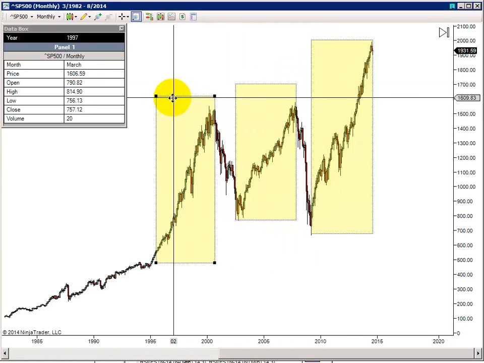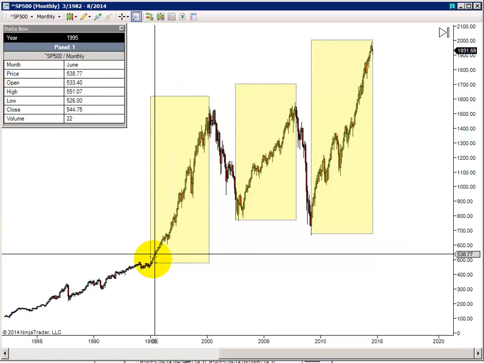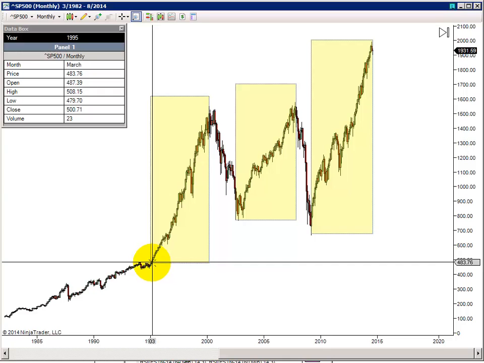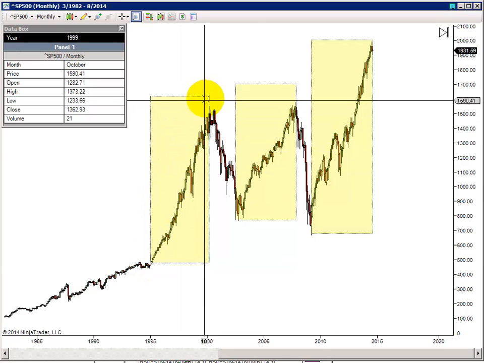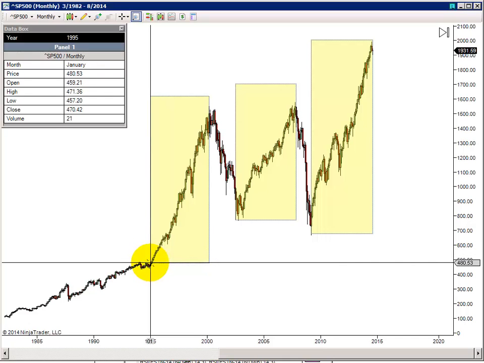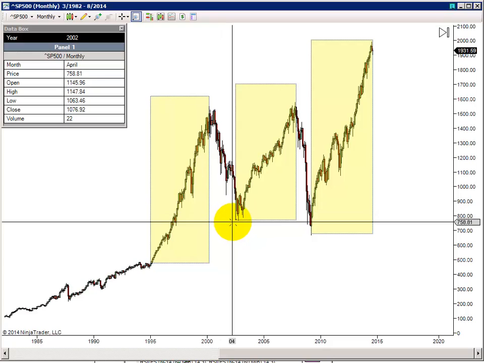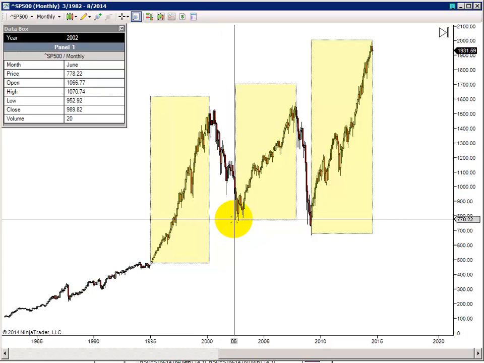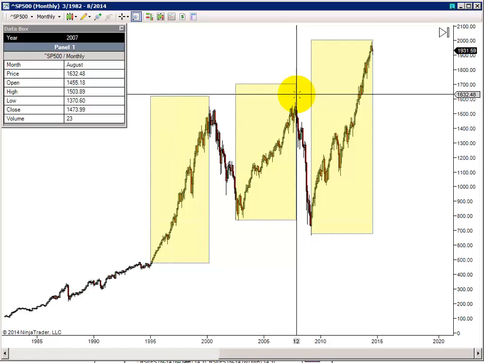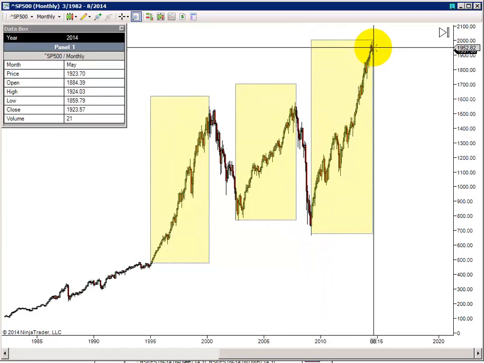So if we take these 5-year relationships where the market went up: 1994 to 1999, the 2002 to 2007 rally, and the 2009 to 2014 rally.